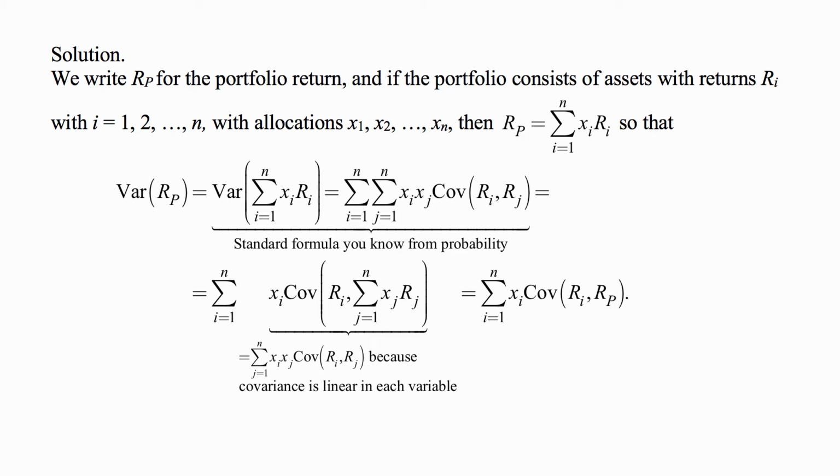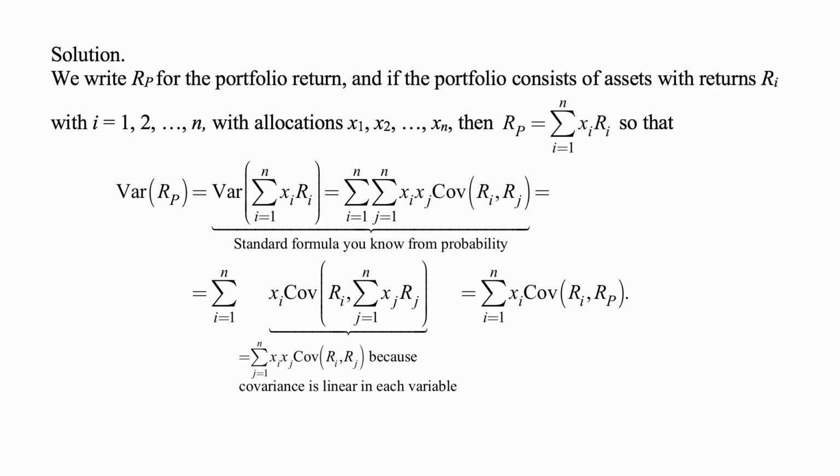And then after that, it's a sum of covariances. So it's a covariance of a sum in the second variable. The first variable, Ri, of course, doesn't depend on j. But covariance is a linear operator. That's what we're using here. So linear operator in each of its variables. So this covariance of a weighted sum is weighted sum of covariance.